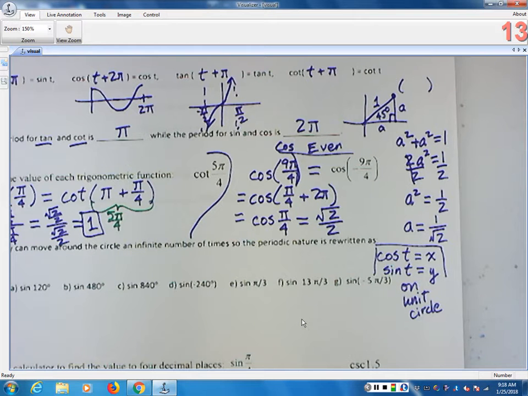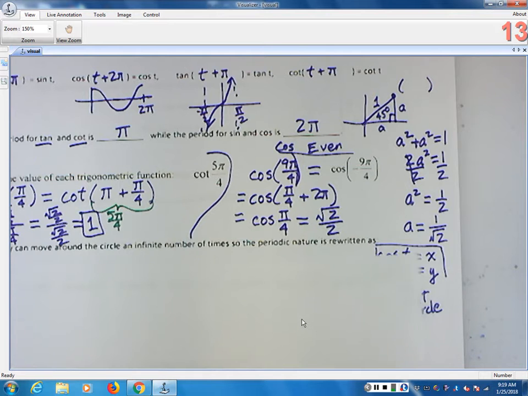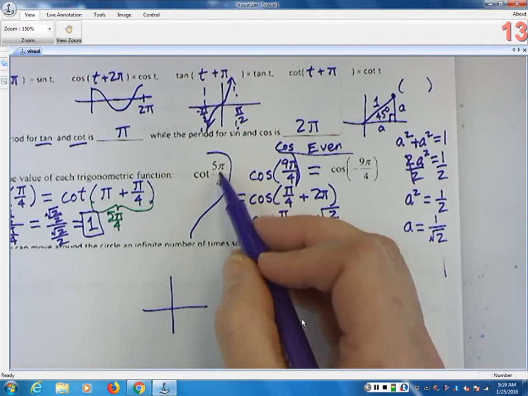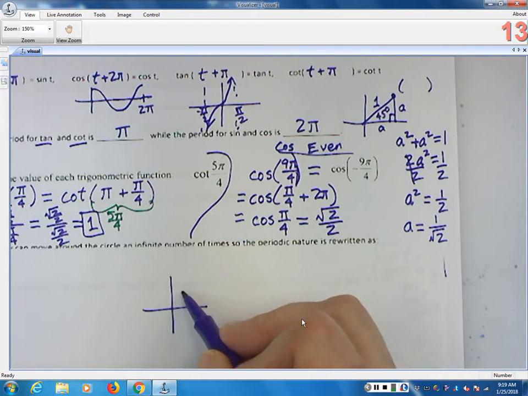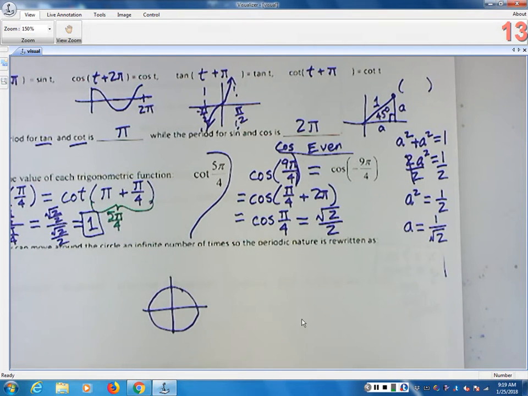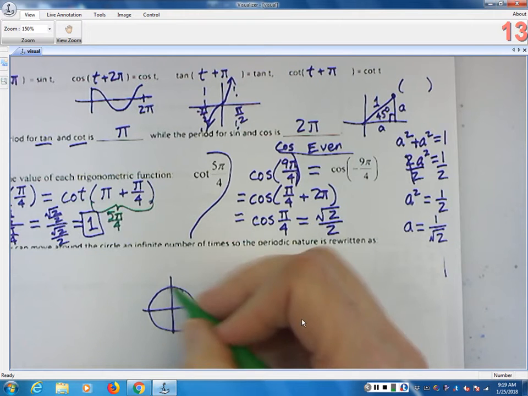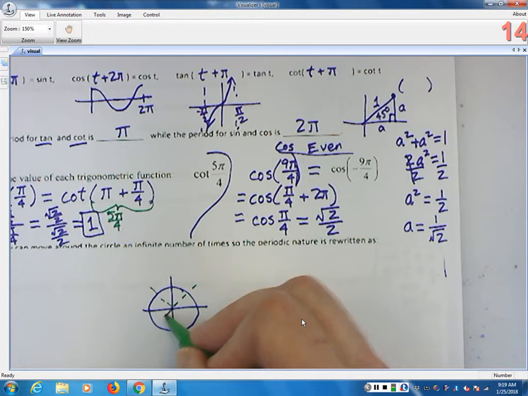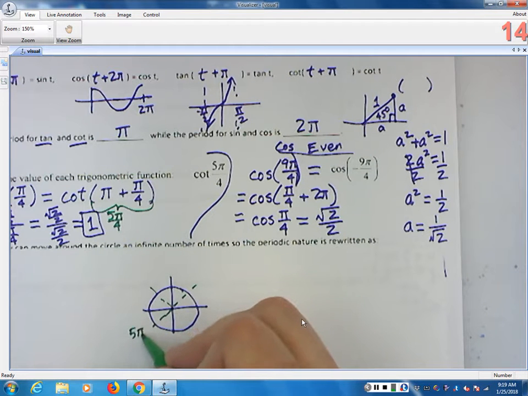And on my notes, I actually drew some pictures to show you. Let me get some paper. It may be helpful to draw a picture of 5 pi over 4. So this is pi over 4, 2 pi over 4, 3 pi over 4, 4 pi over 4, and 5 pi over 4 is there.